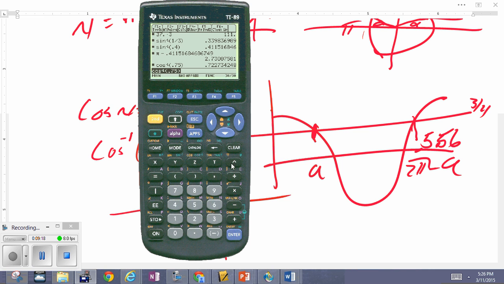Now again, I will guarantee you that that 5.56, so that 0.72 is this guy right here. And so I will guarantee you that 2 pi minus that previous value will give you that 5.56. So there you have it.